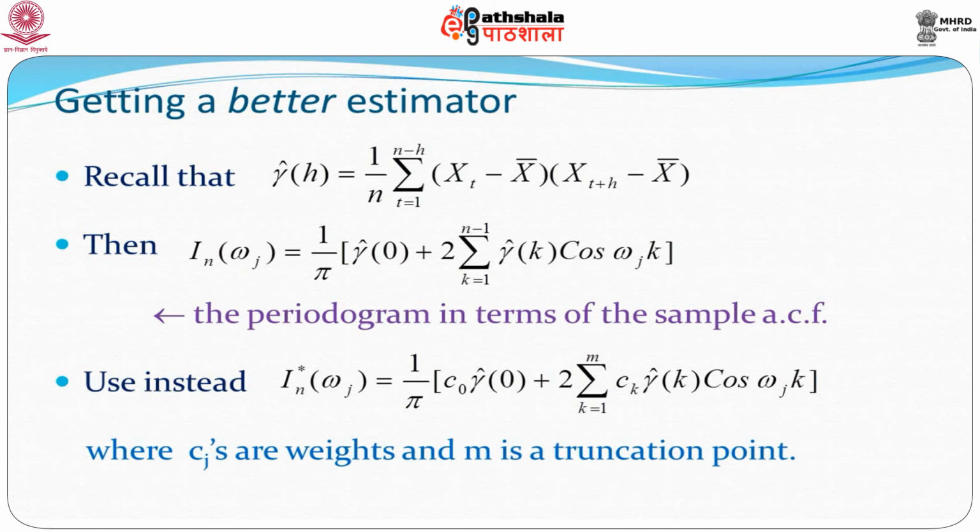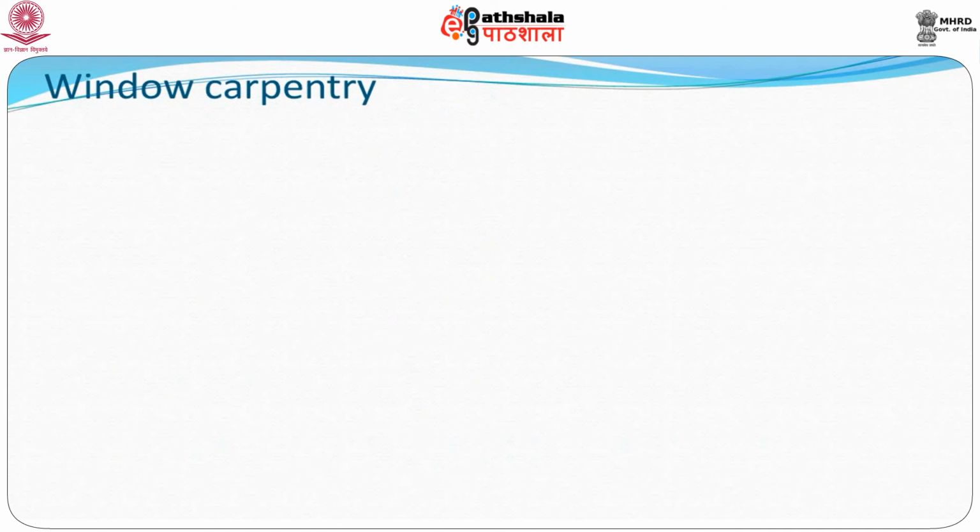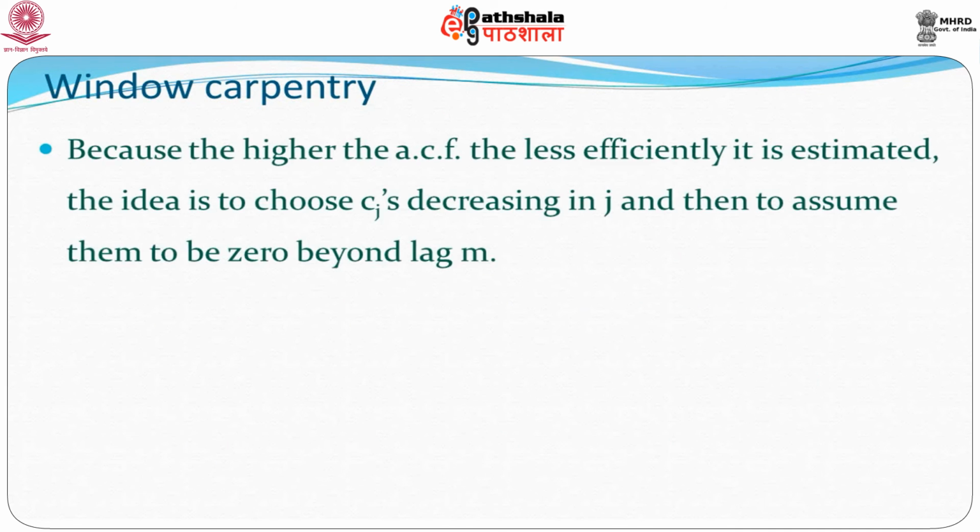And in this case, because the higher the a.c.f lag, the less efficiently it is estimated, because if you have a larger lag, you have fewer points to construct the a.c.f from. Because if you have n observations, then if h is equal to n minus 1, you have one single pair, the first and the nth, to get gamma n minus 1.